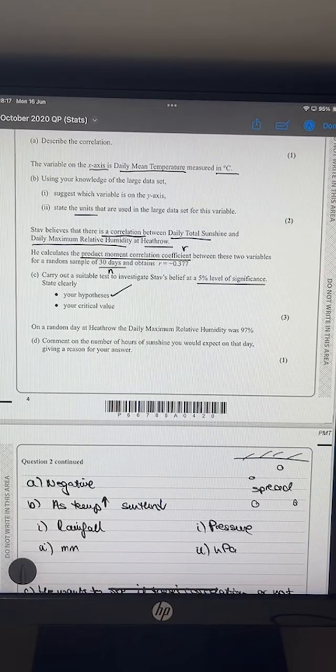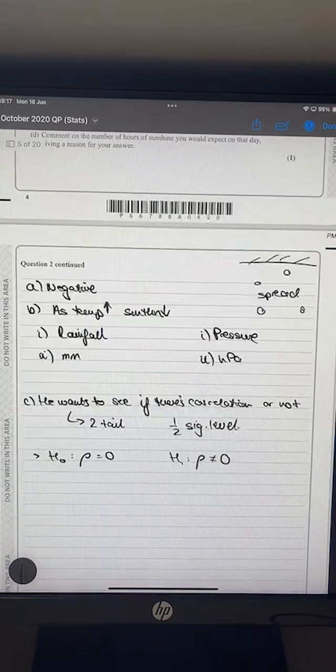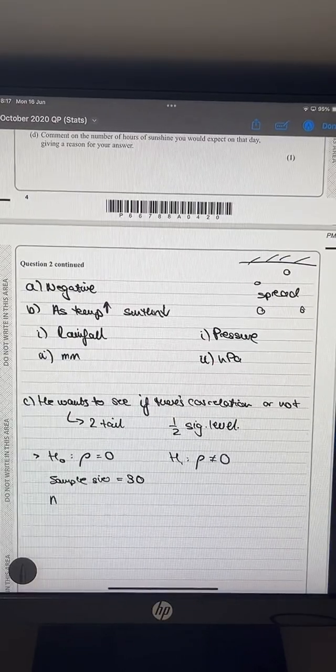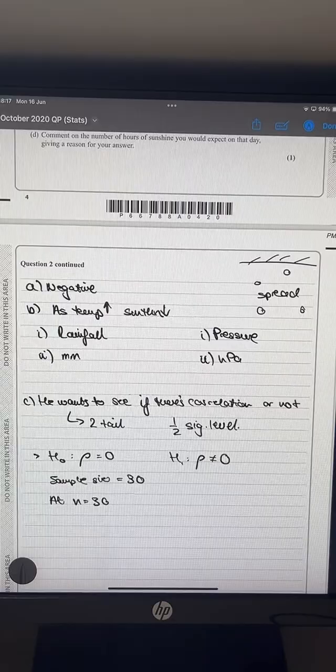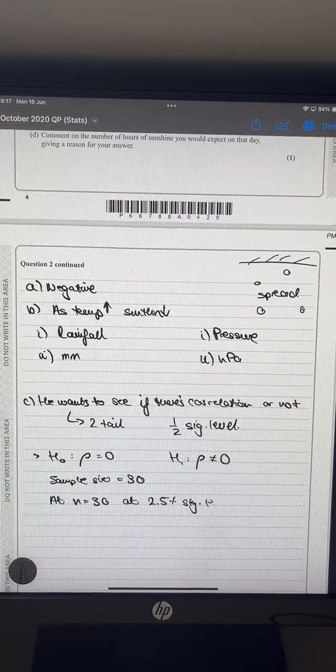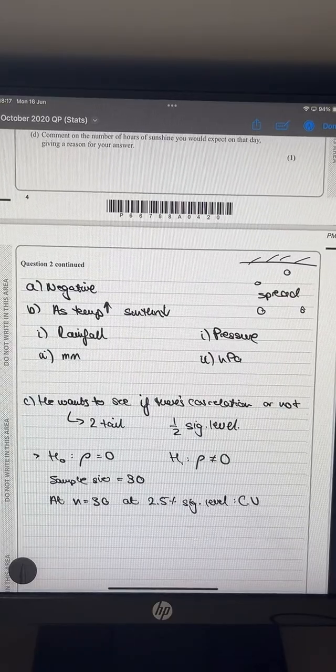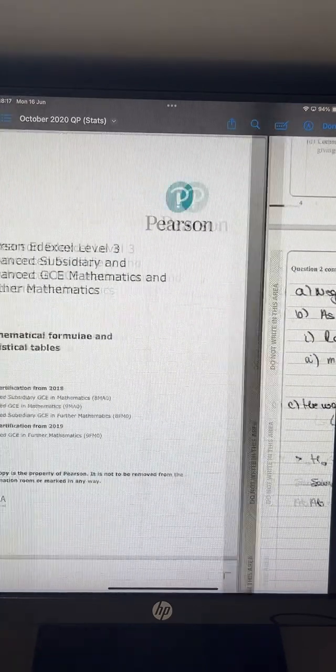Now I need to find my critical value. So my sample size is 30. So at n equals 30, at a 2.5% significance level, remember it's two-tailed, we need to find what r is equal to. So the critical value is equal to, and I'm going to show you how to read that off the stats and mechanics formula book.